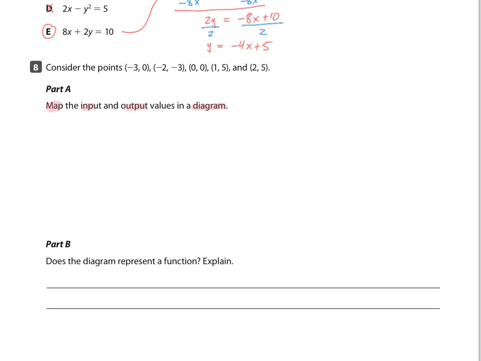This is the time you highlight, right? Melanie, where's your highlighter?